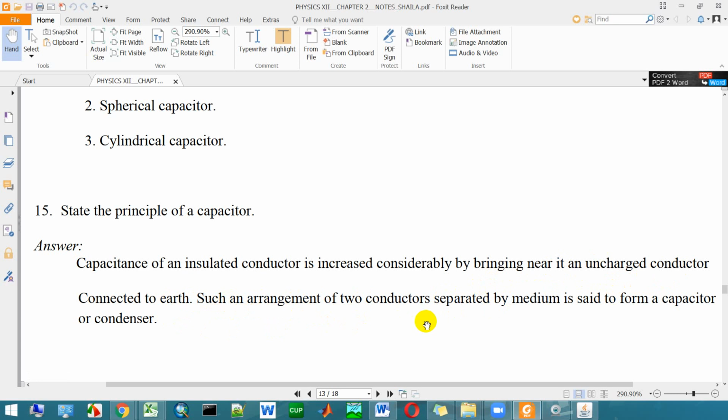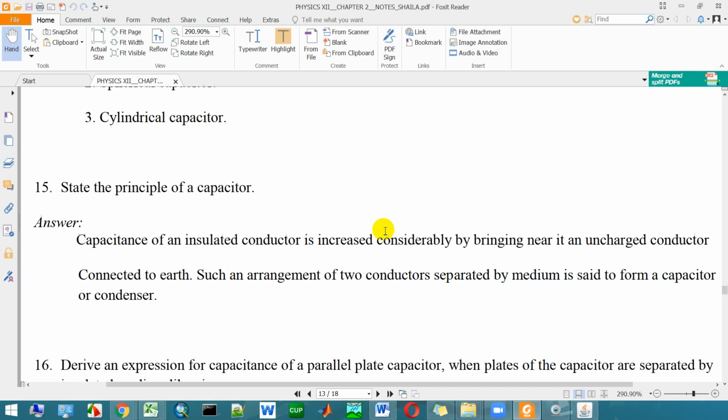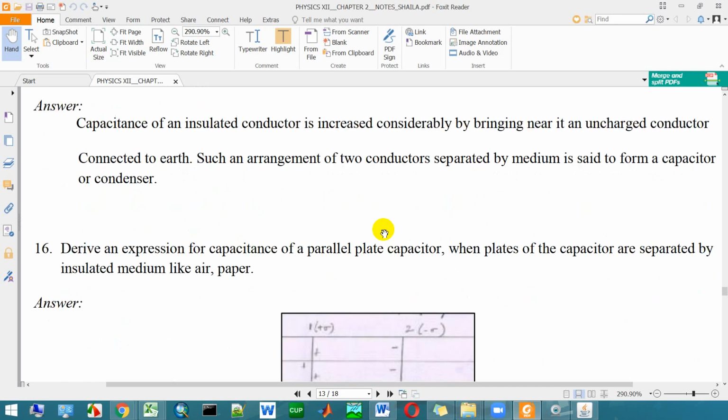Such an arrangement of two conductors separated by a medium is said to form a capacitor or a condenser. So we can increase the capacitance of a capacitor by bringing an uncharged conductor near to a charged conductor.